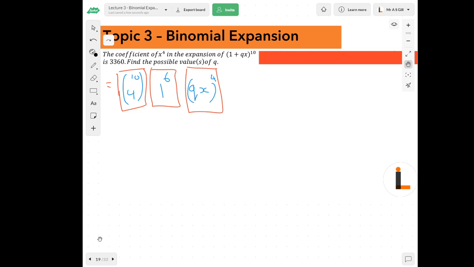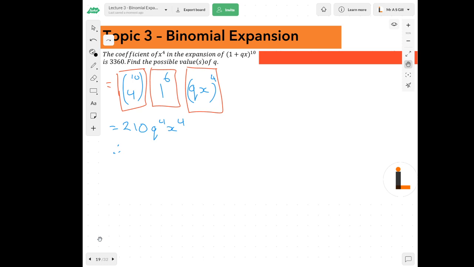So now, when we expand this and work this out, we're going to get 210 q to the 4 x to the 4. It tells me that the coefficient here is equal to 3,360.